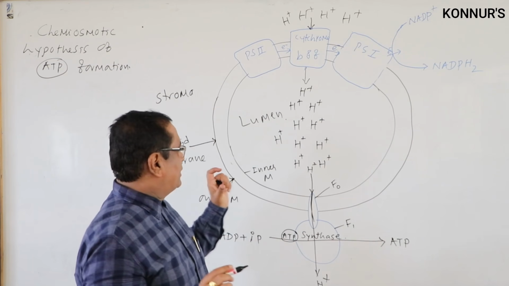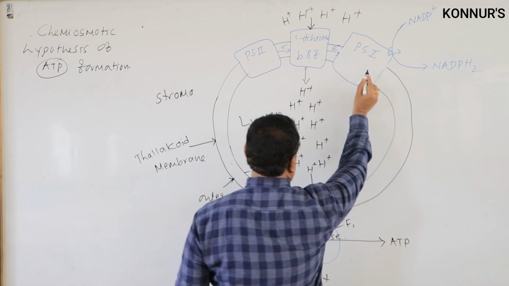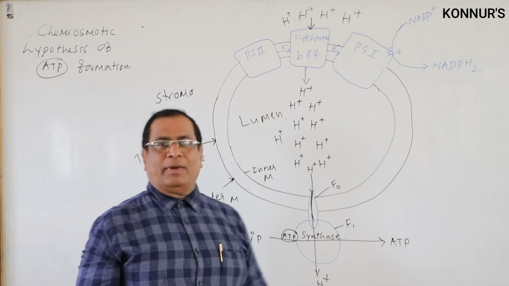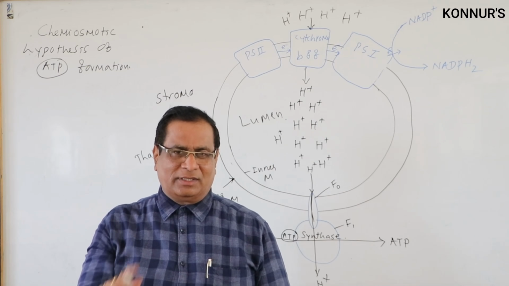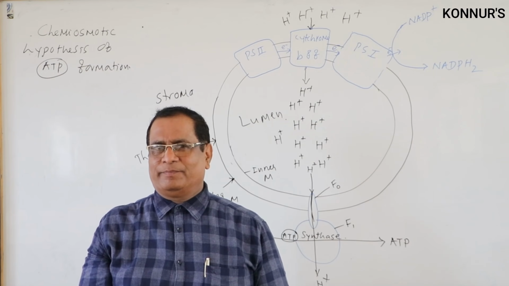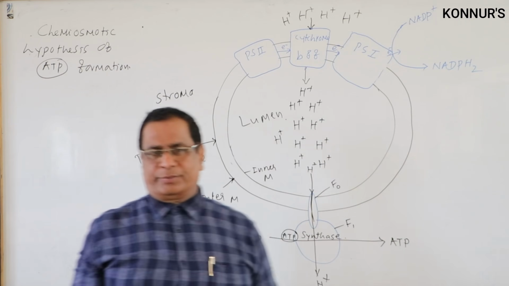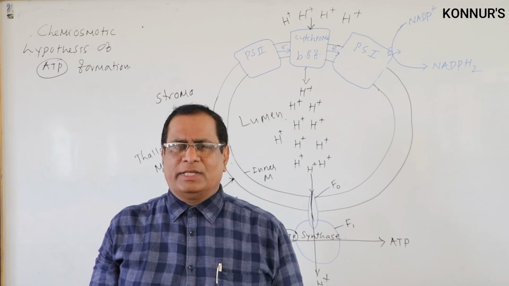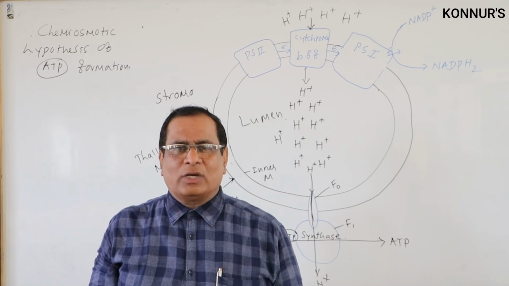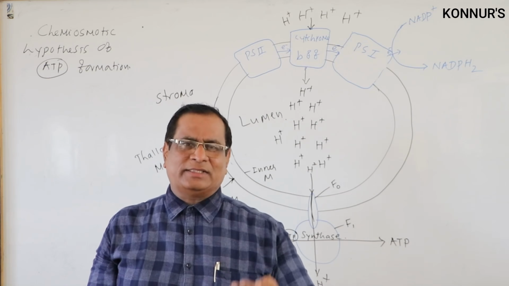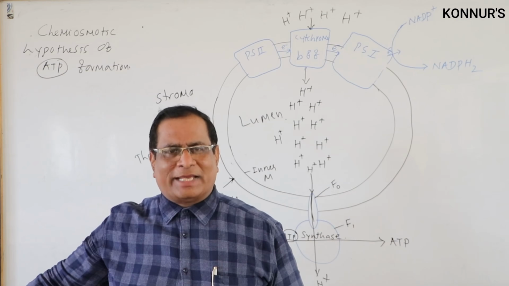In the thylakoid membrane, photosystem second and photosystem first are connected by the electron transport system. In non-cyclic photophosphorylation, I have mentioned the electron transport system, which has cytochromes. What are cytochromes? Cytochromes are proteins. They are electron acceptors. They receive energy-rich electrons and transfer them to the next cytochromes.